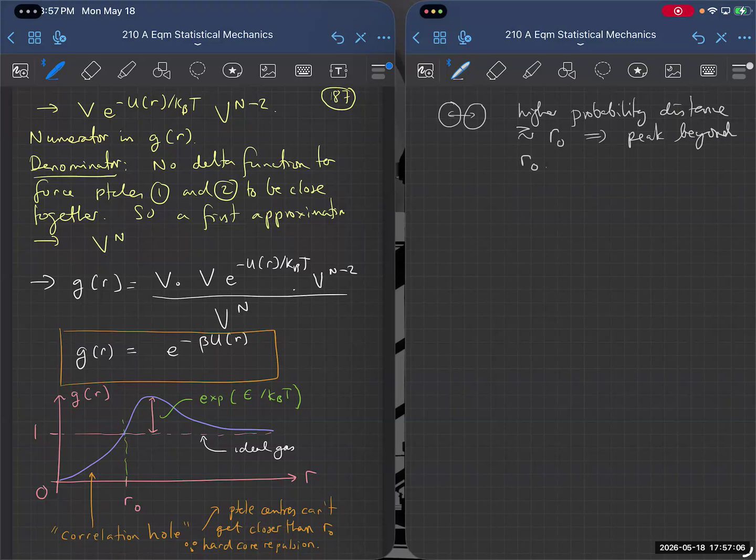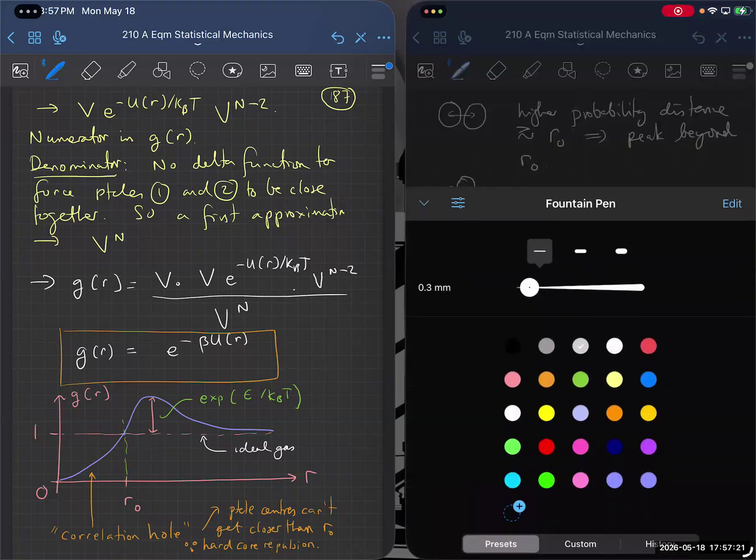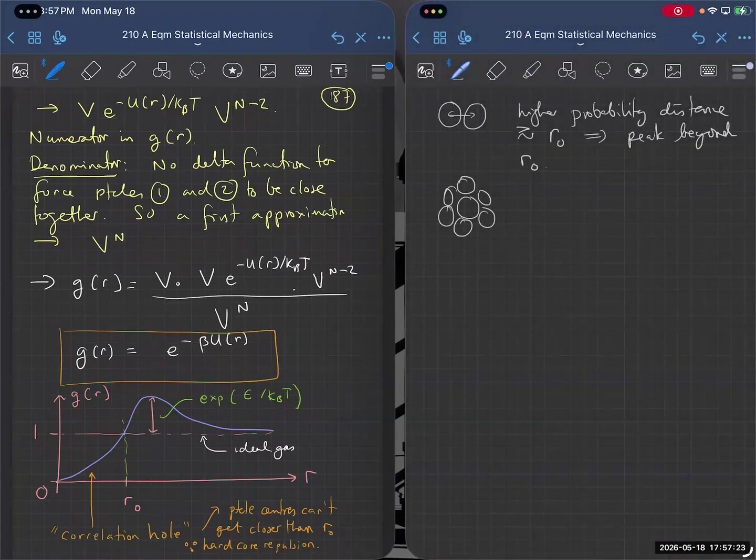If I had a liquid, you could imagine that I've got my particles like this. The particles are sitting around each other at very high densities, and so you're going to have a high likelihood of having particles near this central particle.